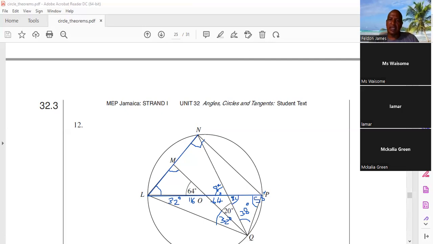If you're using this card, let me use a different color. If you use this card, then this angle is in the same segment as this angle.